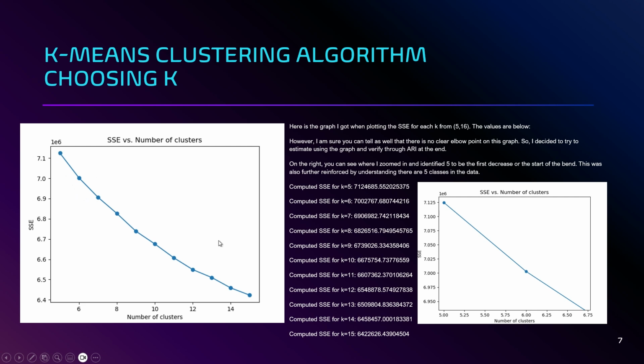So I tried to estimate by zooming in, and you can clearly see that the bend starts right away. There's just a slight difference there. So I chose 5 in the end, and then I decided basically I'd verify with ARI.